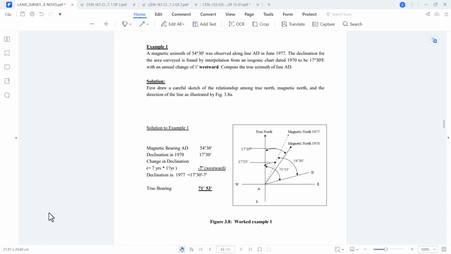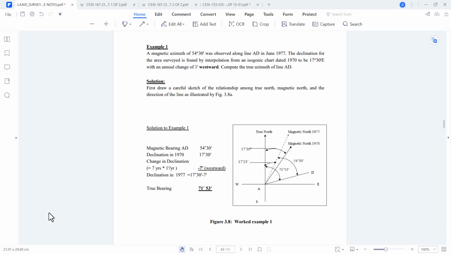So the question says that a magnetic azimuth of 54 degrees 30 minutes was observed along line AD in June 1977.